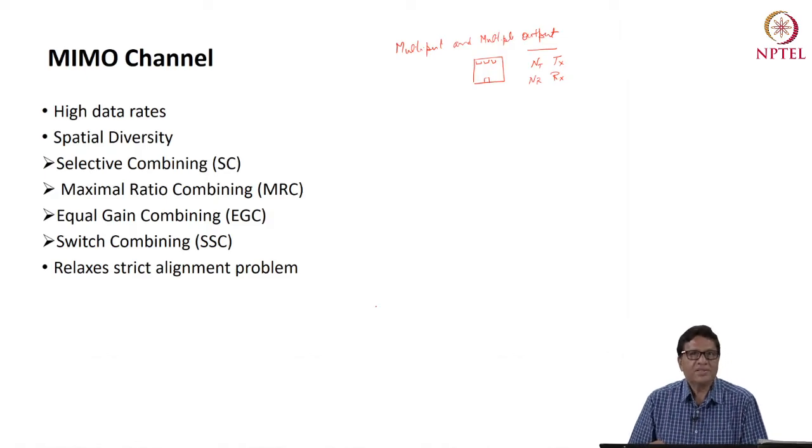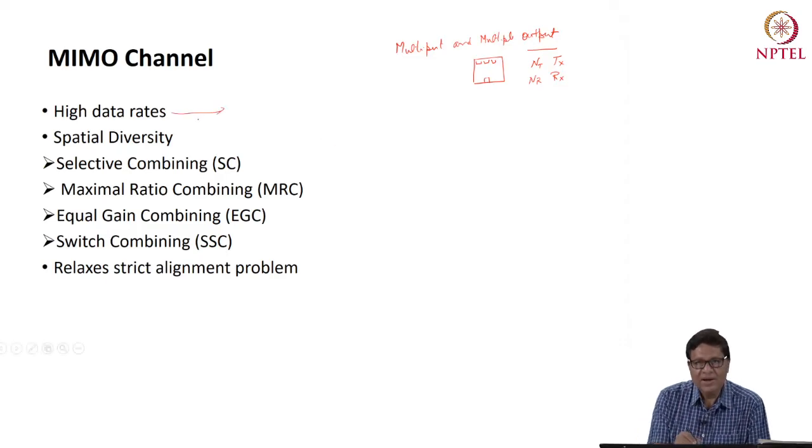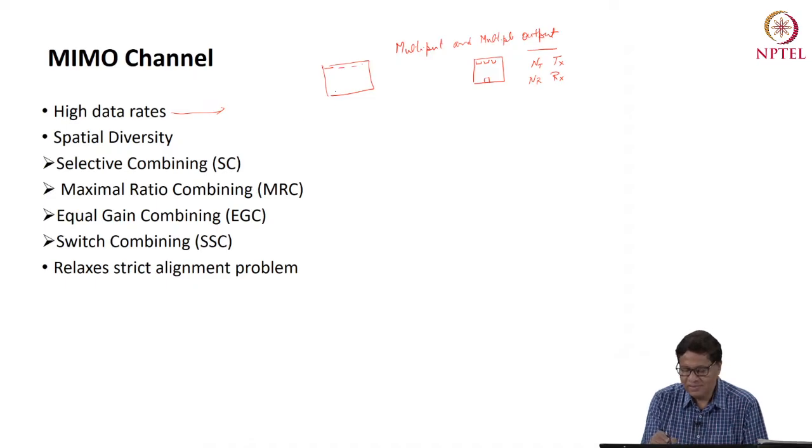So first let us understand what is the use of a MIMO channel in optical wireless communication. It can give you high data rates because if you see in a room, there are multiple LEDs and there can be multiple receivers. Suppose there is a user who has a device with more than one receiver.